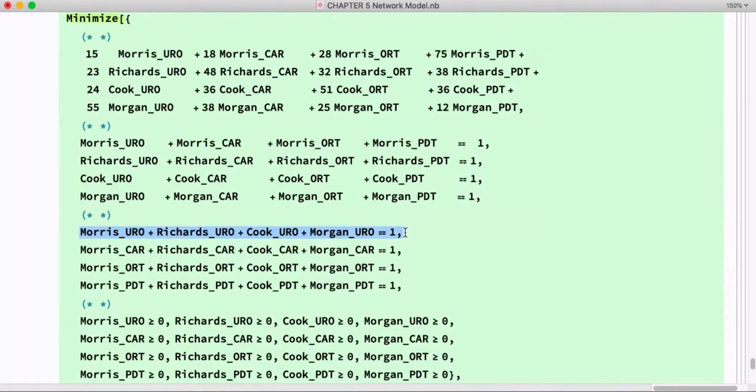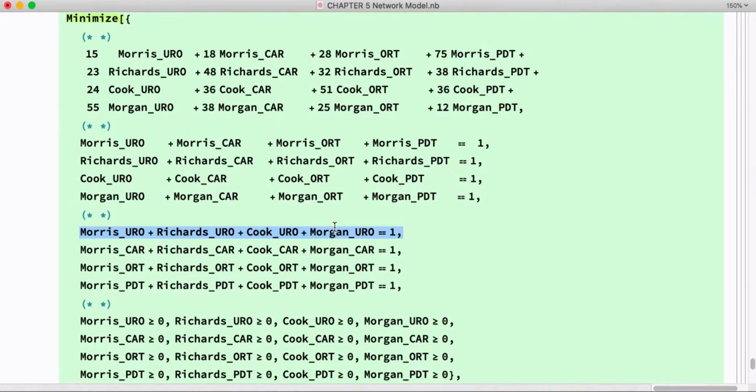The first line here says what? That's Kovani. It's saying that all the four nurses are going to urology. Correct. In other words, the urology department can take any of the four nurses.